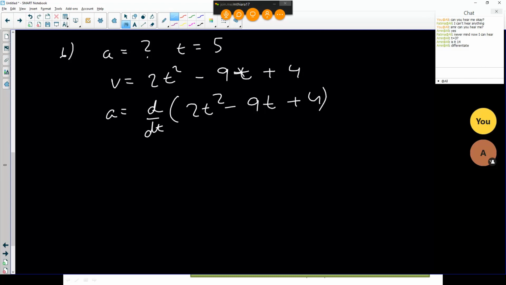And from there I get that acceleration is equal to 4t minus 9. That is my formula for acceleration, and I need to work out the acceleration at the instant where t equals 5. So a is going to be equal to 4 times 5 minus 9, which is 11 meters per second squared. Okay, and that helps us answer part B.